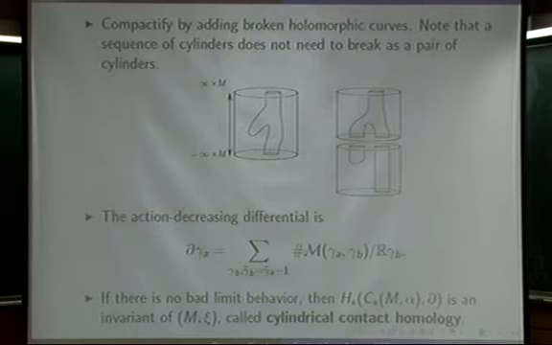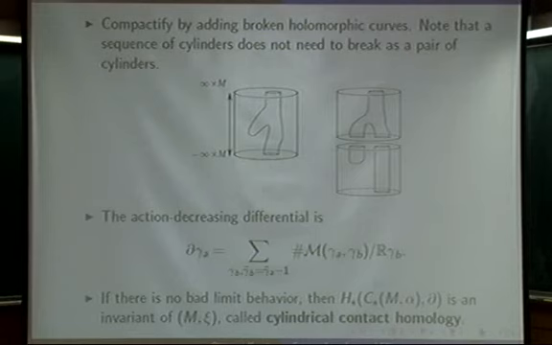Now, this is not very nice because I have to add lots of assumptions to have a theory that is defined only in very special cases. So let's try to solve it. If there are no holomorphic planes, then you're safe.